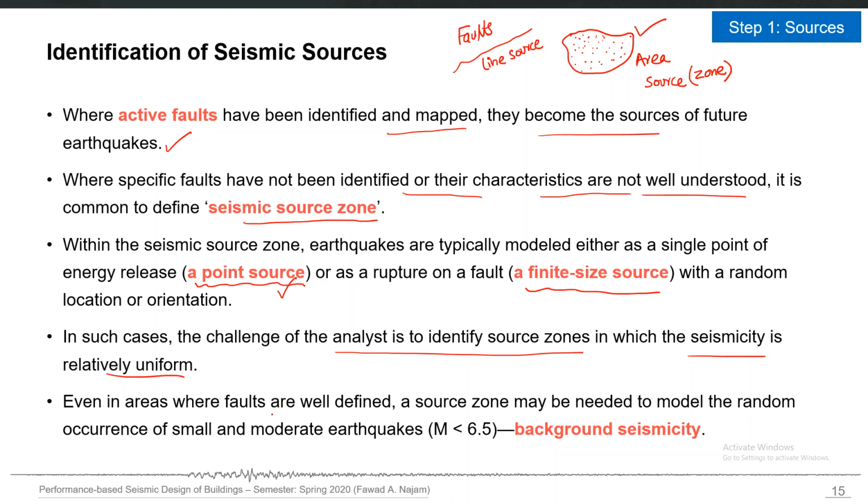Even in areas where faults are well defined, a source zone may be needed to model the random occurrence of small and moderate earthquakes, for example, less than magnitude 6.5. That is called the background seismicity.